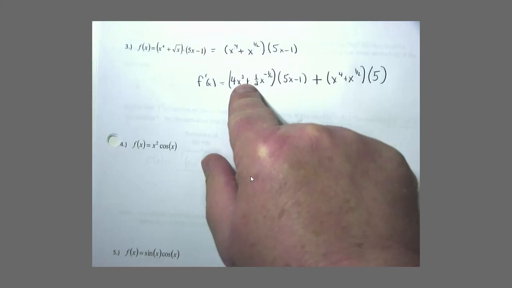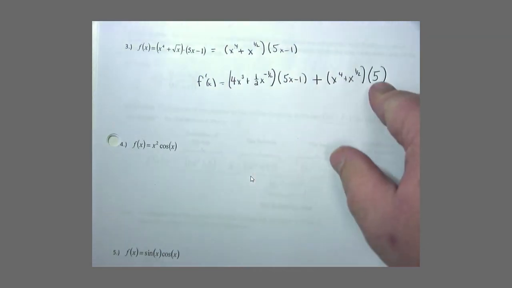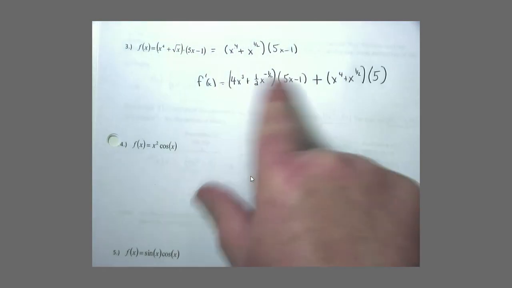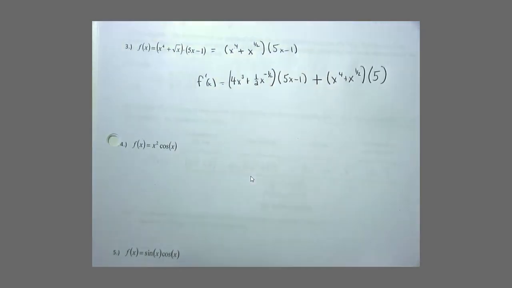This is the derivative of the first times the second plus the first times the derivative of the second. But once you start distributing the 5 and folding this thing out and combining like terms, I won't be able to see the product rule or the work that you actually did to get the answer. Does that make sense? So we're interested right now. The rest of chapter 2 is going to be working on derivative rules and a few application topics.